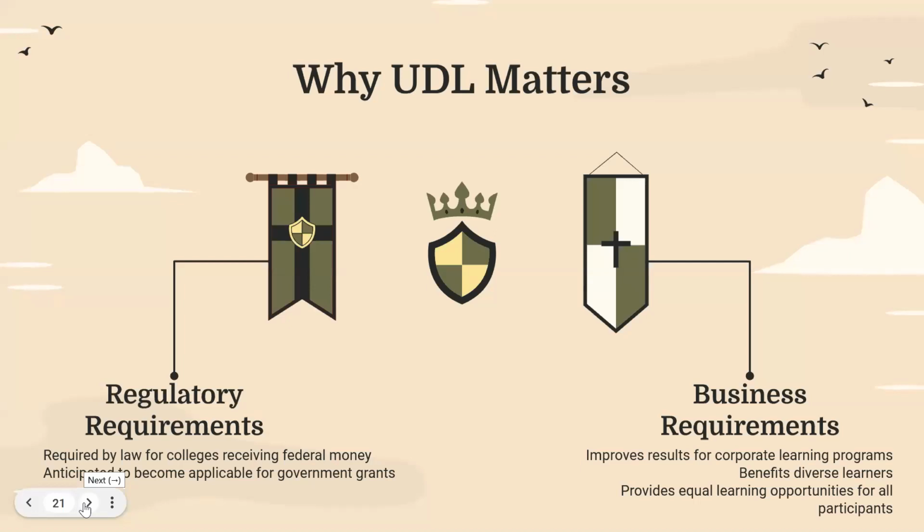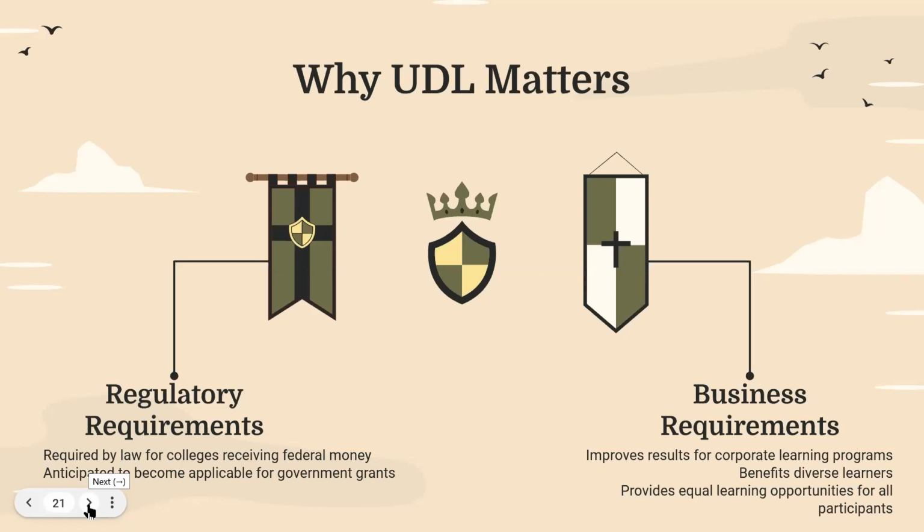And that's ultimately our goal, that our students are successful. It benefits diverse learners, and you're going to hear us say that quite a bit, that idea of diverse learners. It doesn't matter where you are on the spectrum of ability, you're a diverse learner, and we want to make sure that our courses are accessible for you. And then it provides equal learning opportunities for all participants. Doesn't matter one way or another.